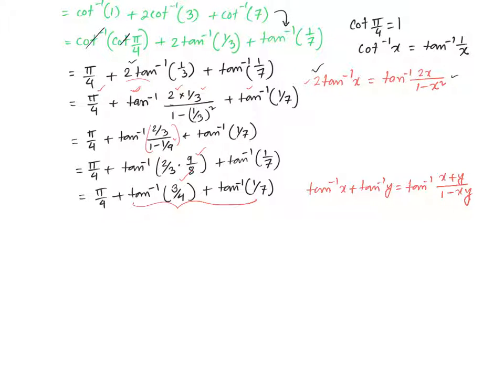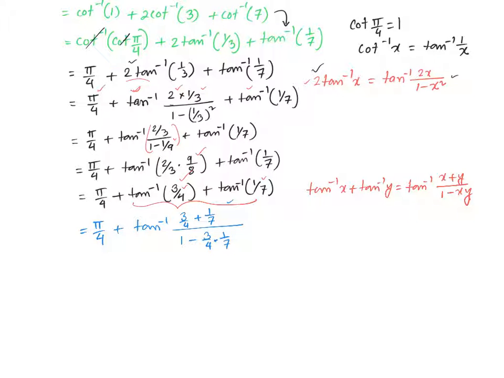In my context, x is going to be 3/4 and y is going to be 1/7. So I'm going to get pi over 4 as it is, and combining these two gives me tangent inverse of 3/4 plus 1/7 divided by 1 minus 3/4 times 1/7.